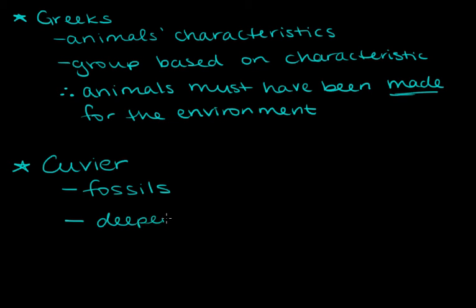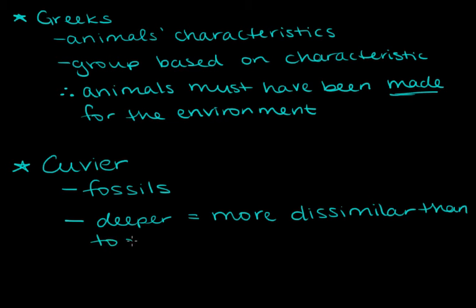The deeper you go, the more dissimilar the fossils are to today's animals. So a cat wouldn't exactly look like a cat the deeper you go down. He also noticed that there are distinct stratifications.